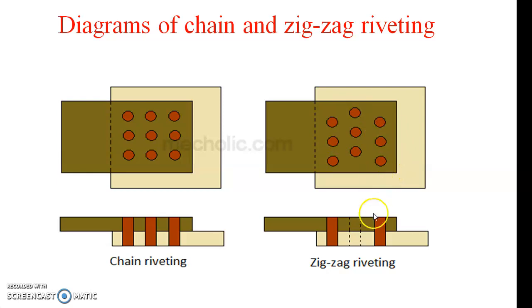As we have studied in zigzag riveting, the center lines of the rows are not the same, and these holes are not parallel either. So here this is the first hole in the first row, and this is the second hole in the second row. The distance from the center of the first hole to the center of the second row's hole is called diagonal pitch, and it is always placed adjacent.